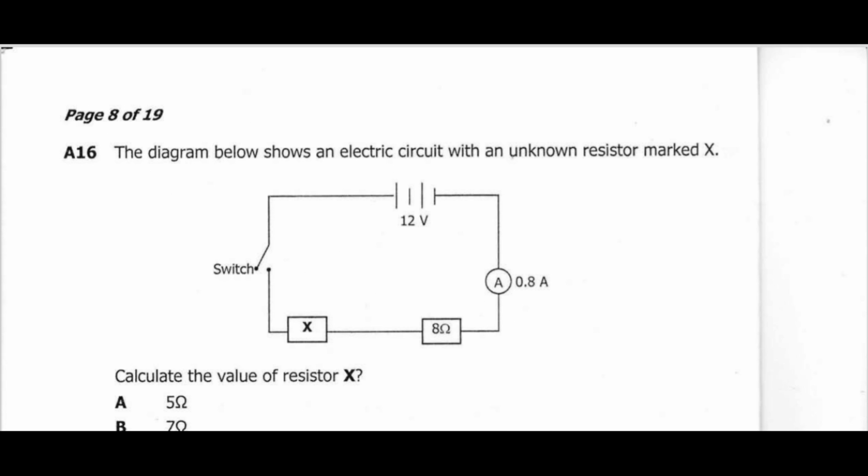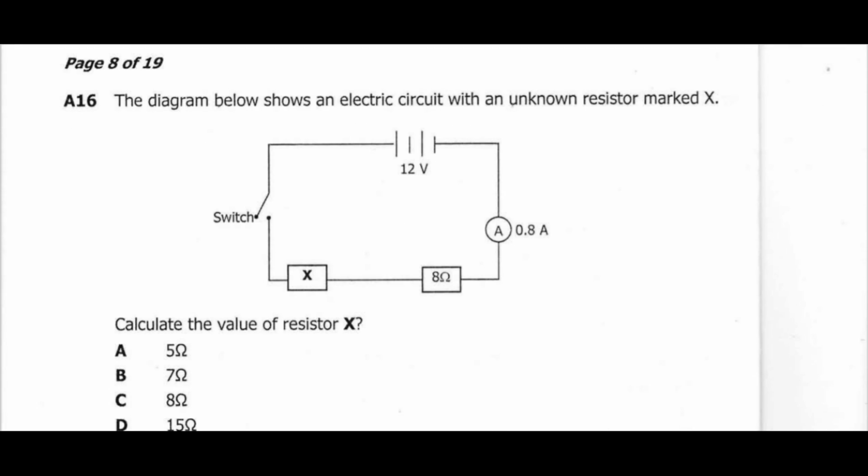So move on to question 16. The diagram below shows an electric circuit with a known resistance, marked X. We have a switch here, then X, 80 ohms, then 0.8 amps, 12 volts. Calculate the value of resistor X. So we say this is resistor 1, resistor 2.